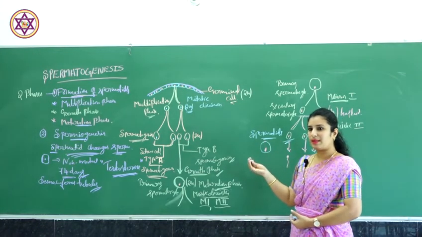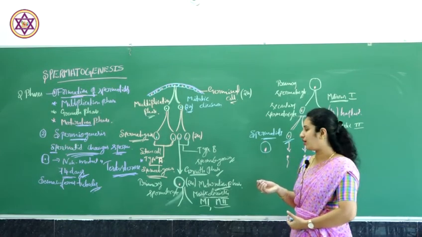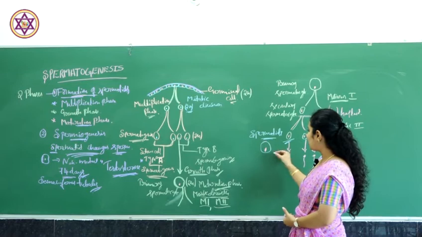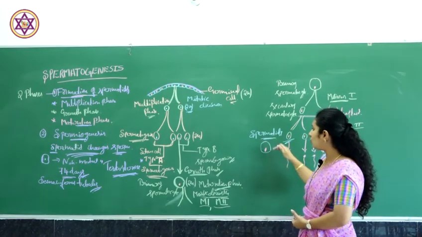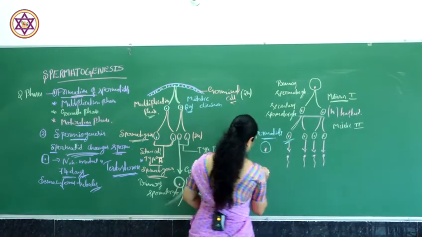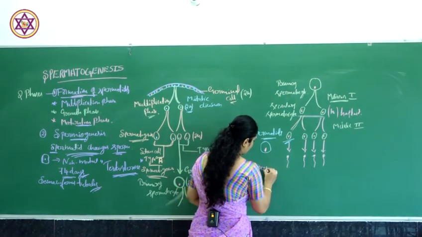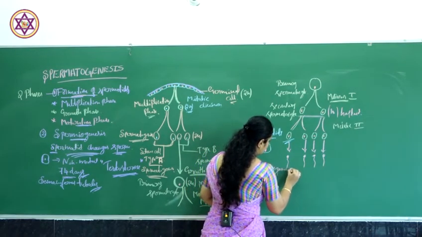Here there are a few changes. The process of transformation of spermatids into a motile sperm is called spermiogenesis.